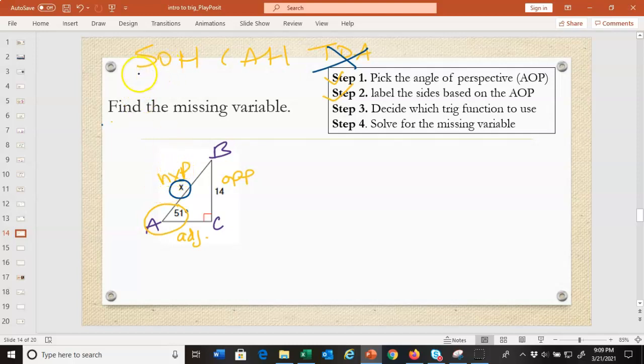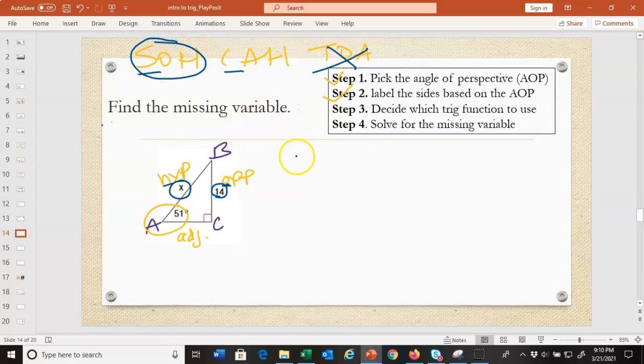So it's either going to be sine or cosine. So what else do we have? We have O. We have opposite. We have 14. We don't have the adjacent number at all. So we want to use the one that has O and H because that's what we have and that's what we're looking for. So which one has O and H? And that is sine. So let's set it up.